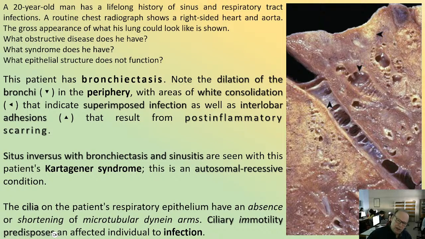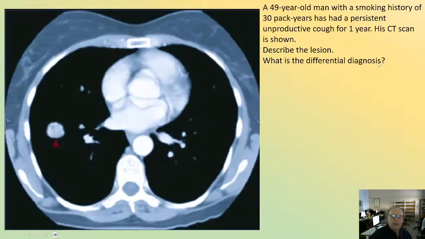You see, peripheral bronchi, too much dilated, with a dilated lumen. Now we have a CT with this lesion here. Tell me the features of this lesion.